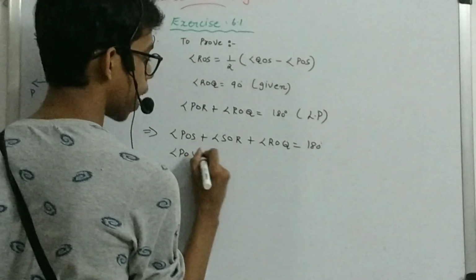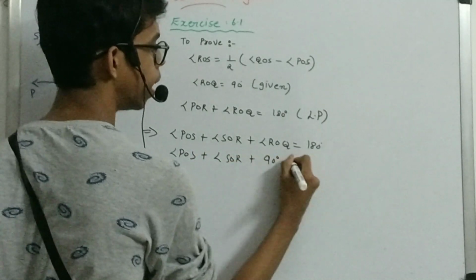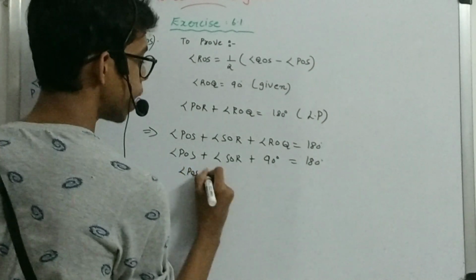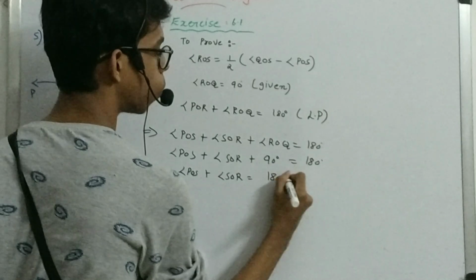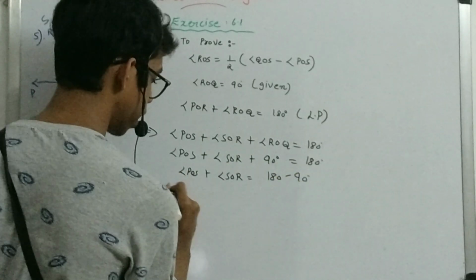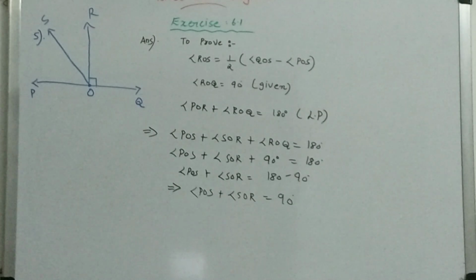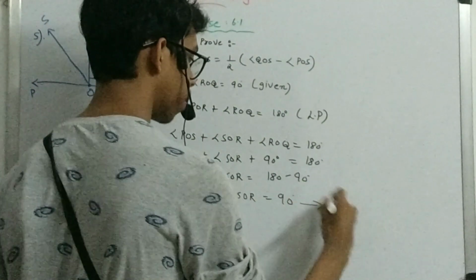So I can write angle POS plus angle SOR plus 90 degrees is equal to 180. So angle POS plus angle SOR is equal to 180 minus 90 degrees, which gives 90 degrees. I can take this as equation number 1.